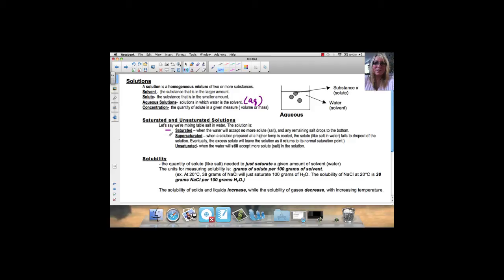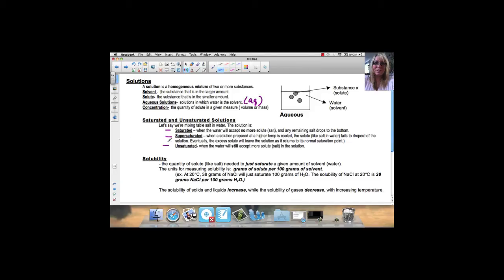Supersaturated means my data point is above the line, and that means that you have more solute than the solvent can actually hold, and eventually excess solute will precipitate out and be on the bottom of your flask or beaker. Unsaturated means that my data point is under the line and that the water can still hold more solute.